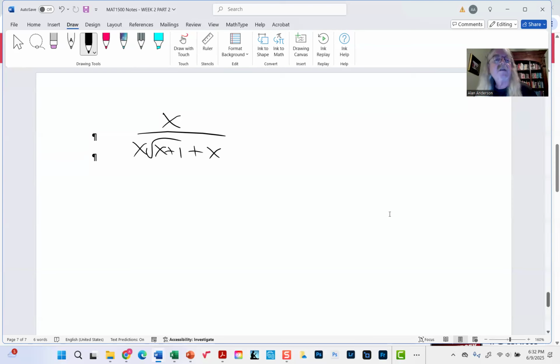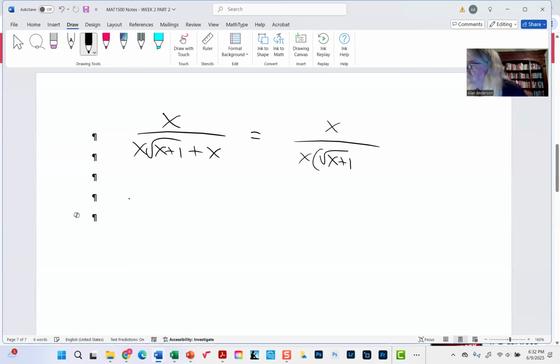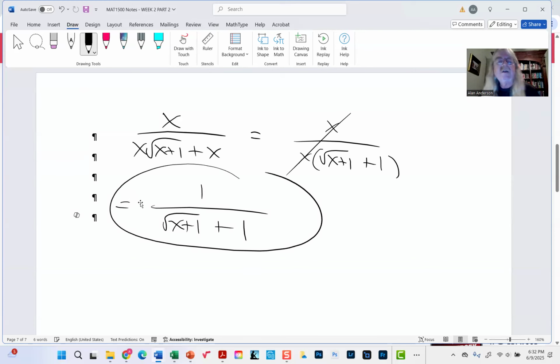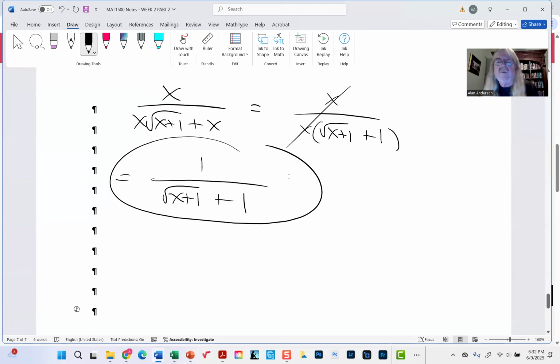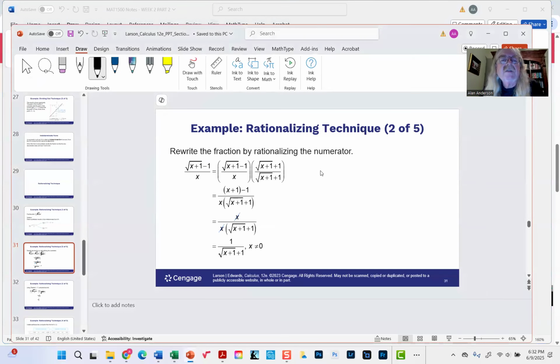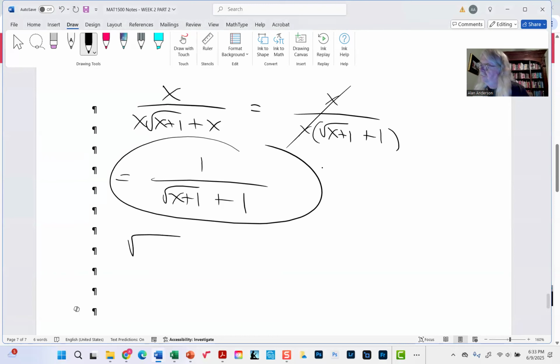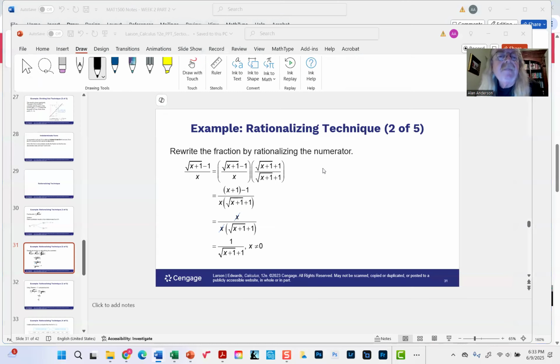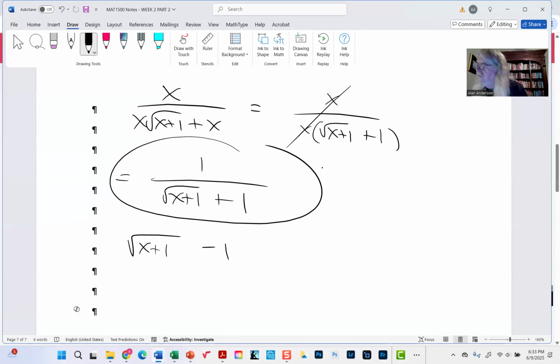So let's do this. So that's equivalent to the original expression we had. Okay, if you remember from all the way back then, that was radical x plus 1 minus 1 over x equals what we just came up with here.